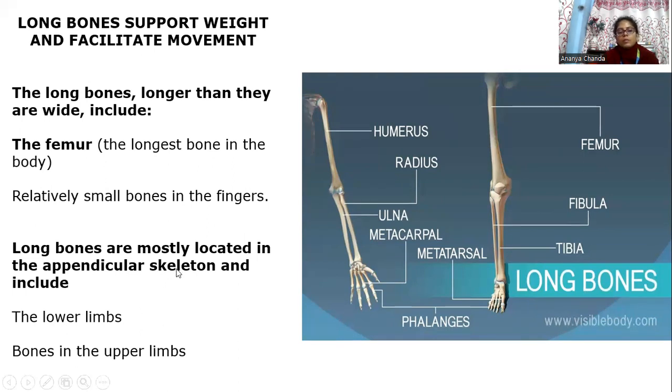Long bones are mostly located in the appendicular skeleton, which includes the lower limbs and the upper limbs. The lower limbs contain what? The femur. And the upper limbs contain what? The humerus.